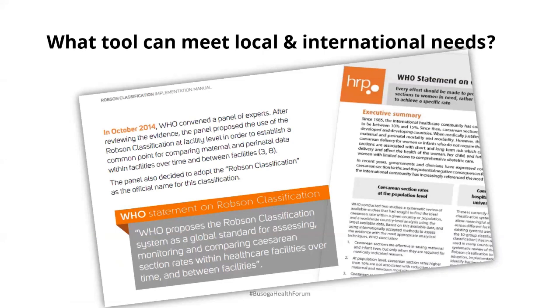So what's the tool to use for this purpose? WHO in the year 2015 actually launched the Robson classification as a global tool to be used for the purpose of assessing, monitoring, and comparing cesarean section rates. These can be used within a facility over time, like every month, maybe every year, we compare our cesarean section rates, we monitor and audit, but as well, we can compare the cesarean section rates between the different facilities.